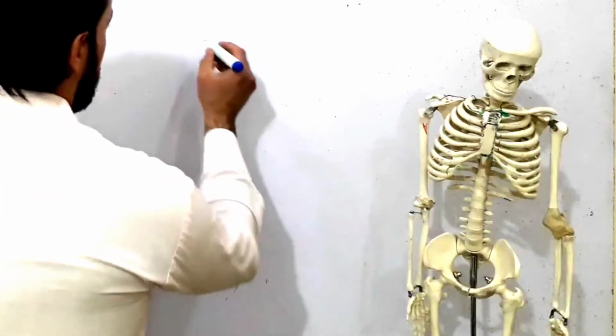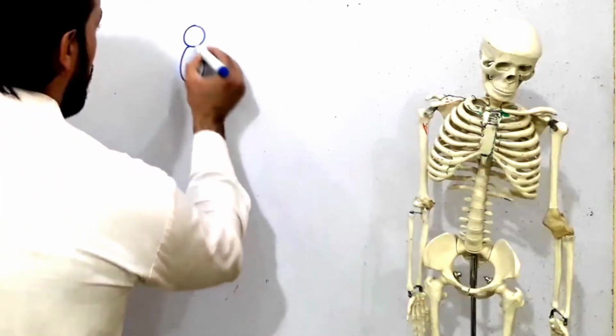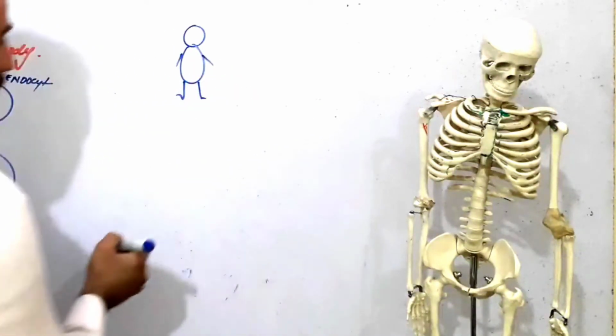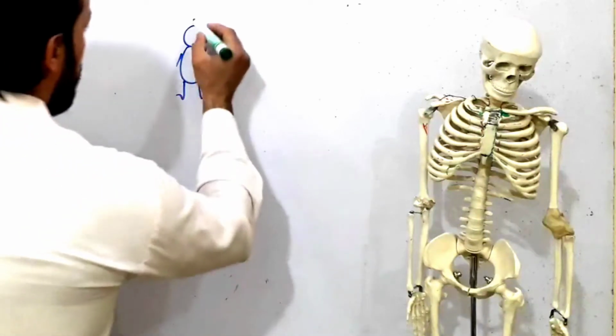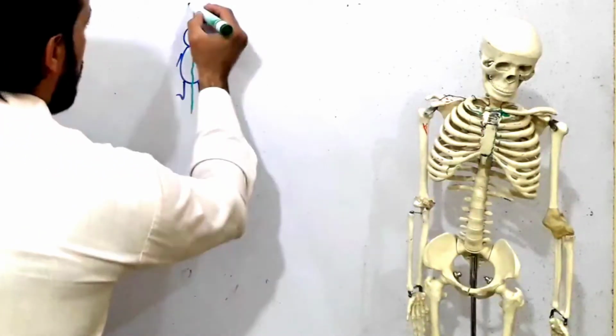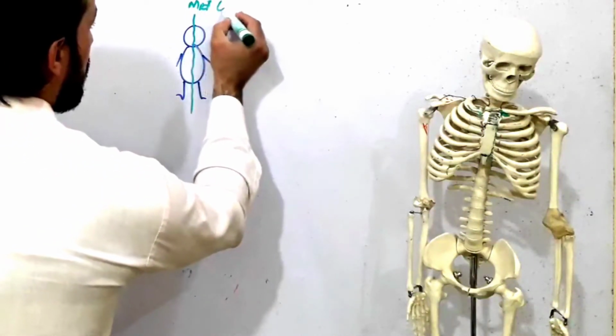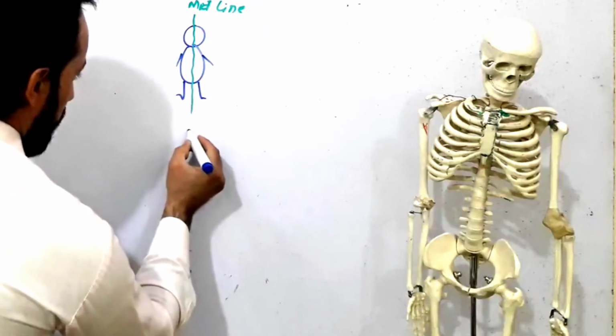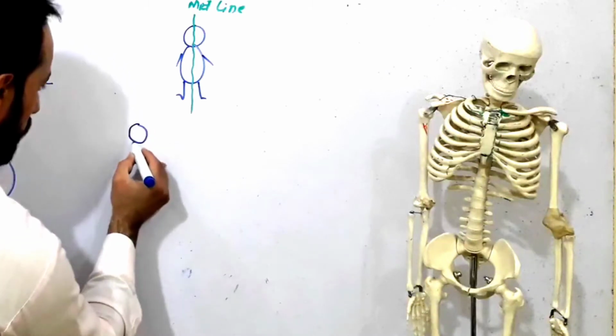Look carefully. Here is our friend standing, right? You know that this is his midline. So whenever our friend does this action, look.